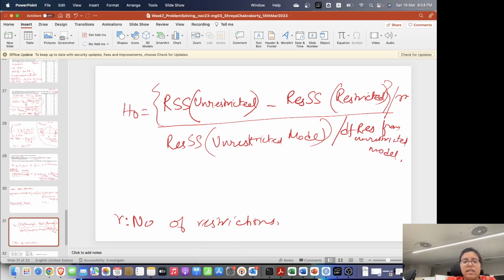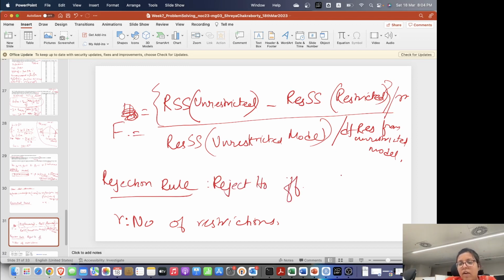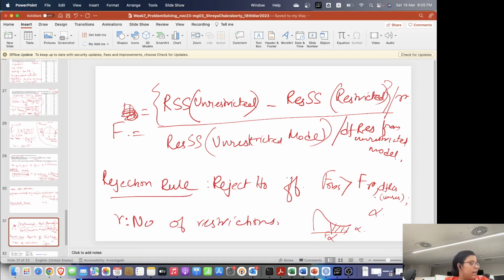This becomes my F statistic, and the rejection rule is we will reject H naught if and only if F observed is greater than F with R and df residuals of unrestricted, at upper alpha, so that the area above is alpha. So now we have to find out how we can get this.